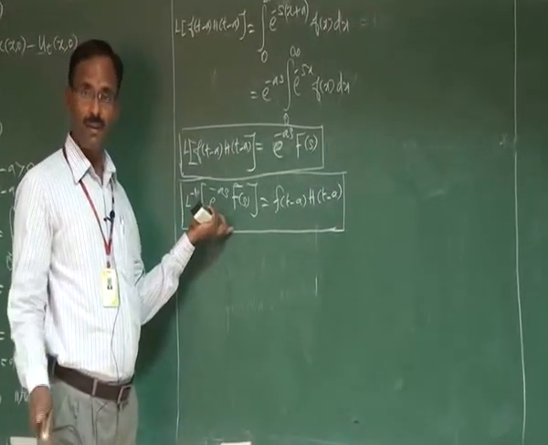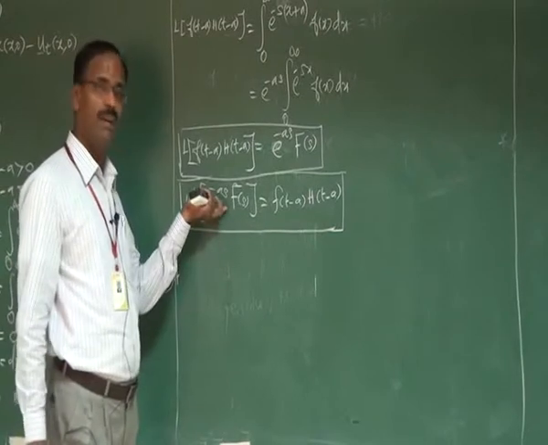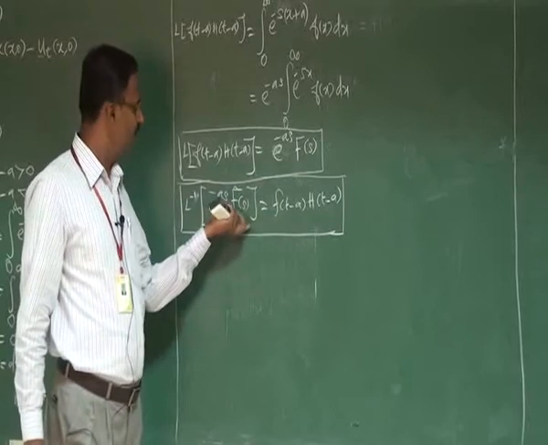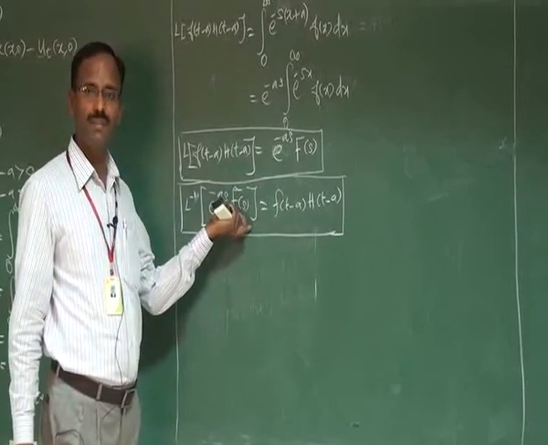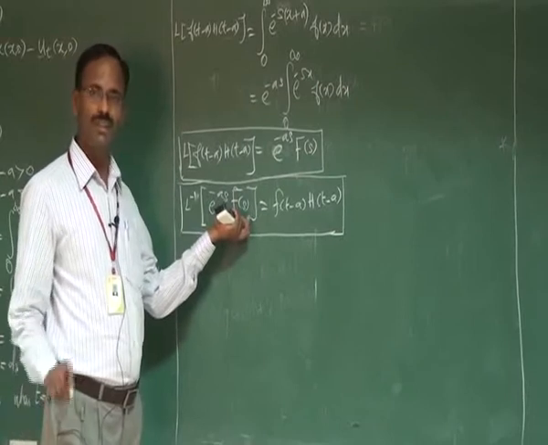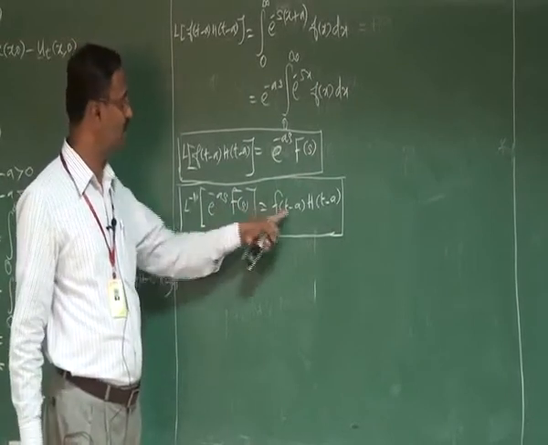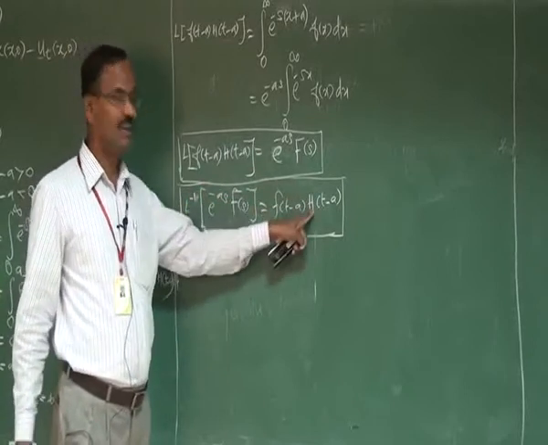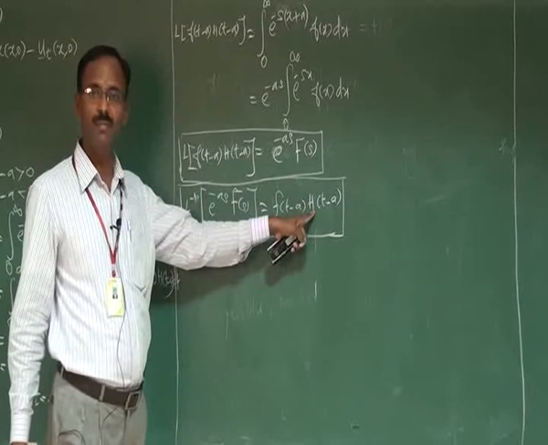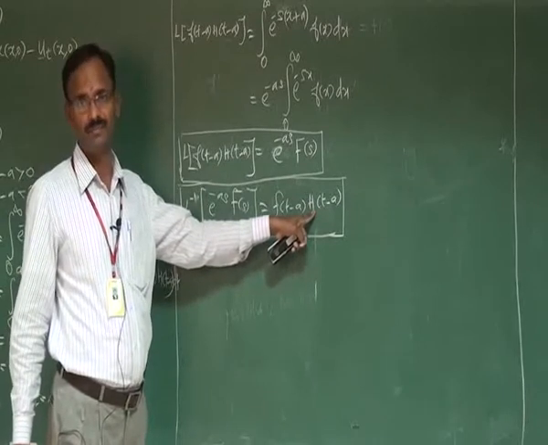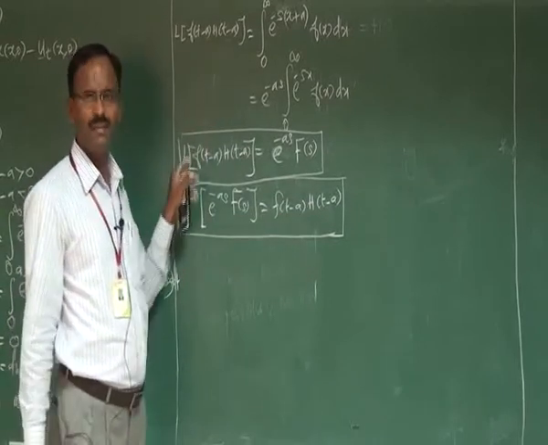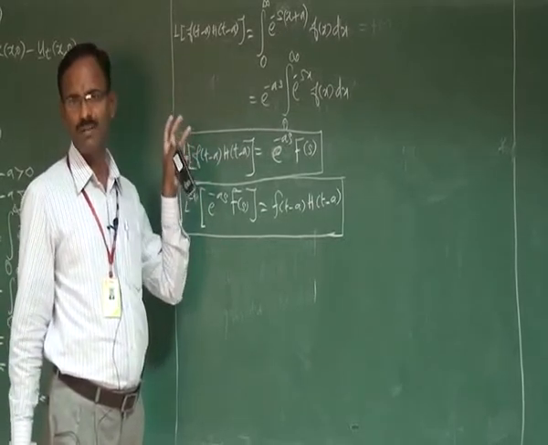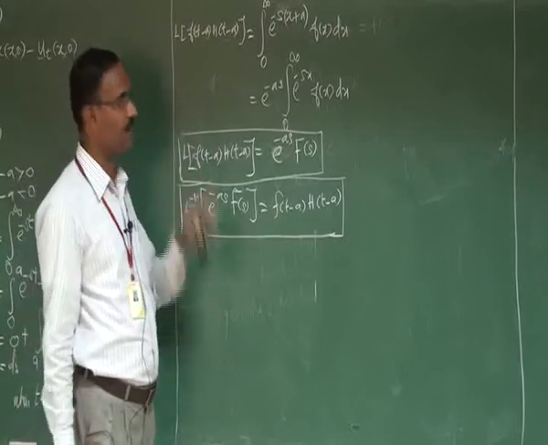Whenever you have a function of the form e power minus as into f of s, the equivalent formula is: find the inverse Laplace transform of f of s, whose result is f of t. In that f of t, replace t by t minus a, and in h of t, replace t by t minus a. So, these are the basic ideas, basic formulas which are most useful at the time of solving the one-dimensional wave equation.